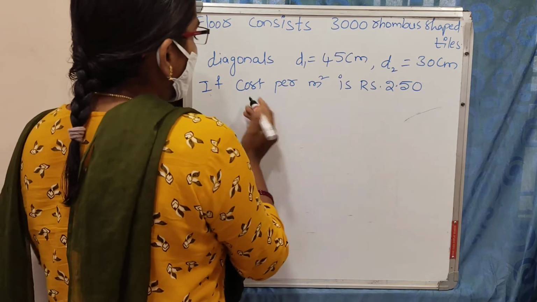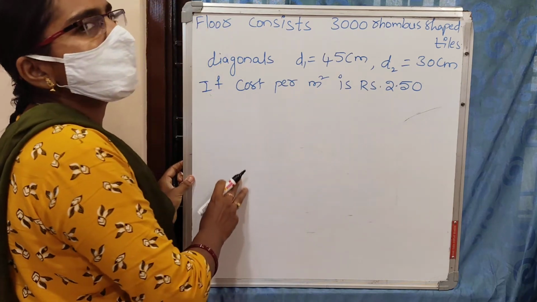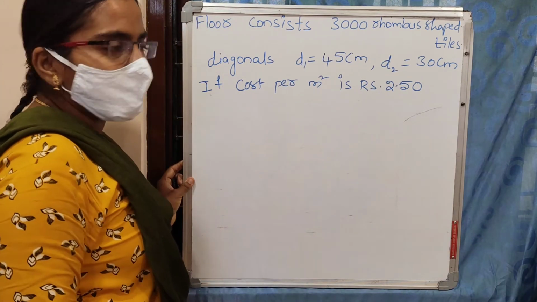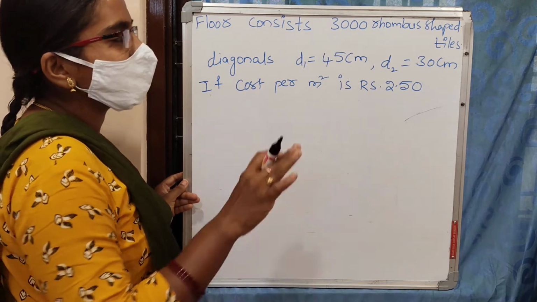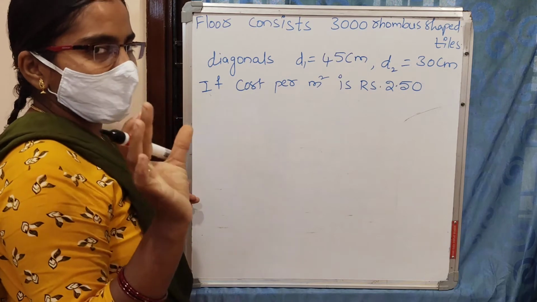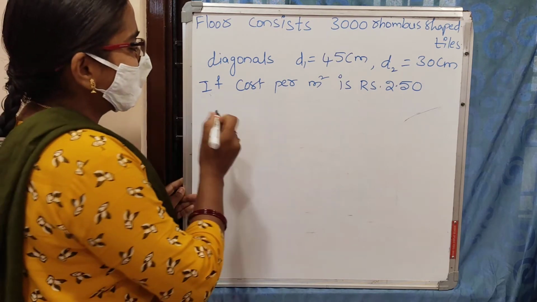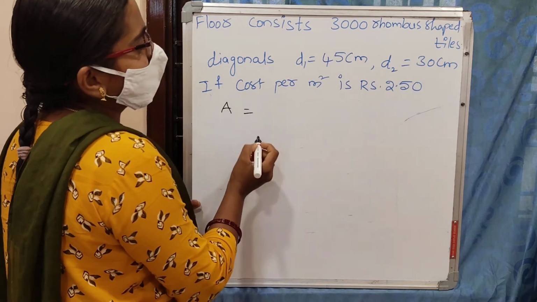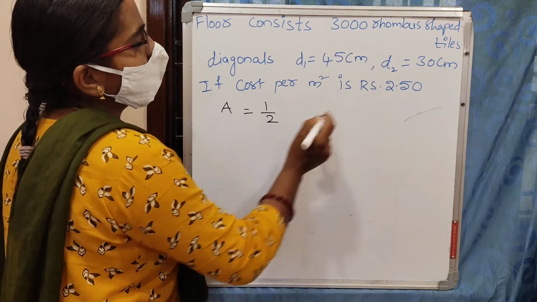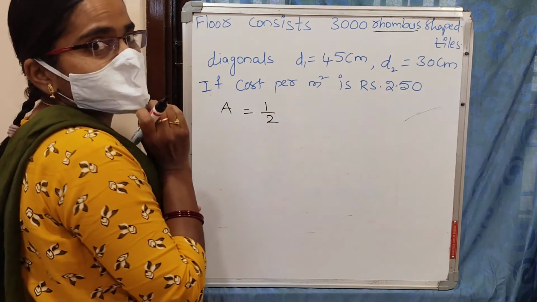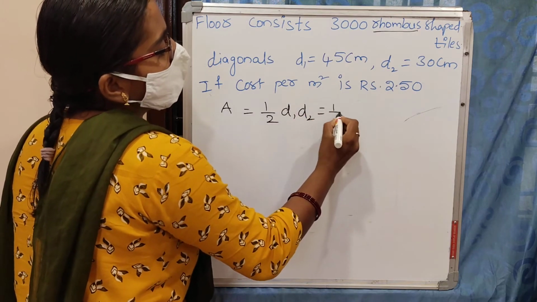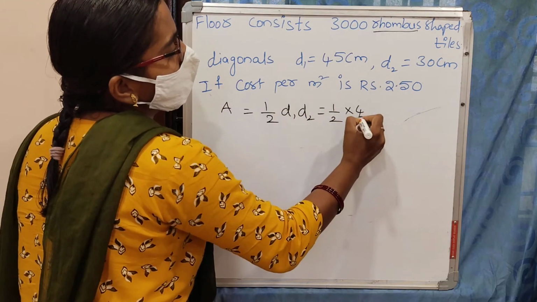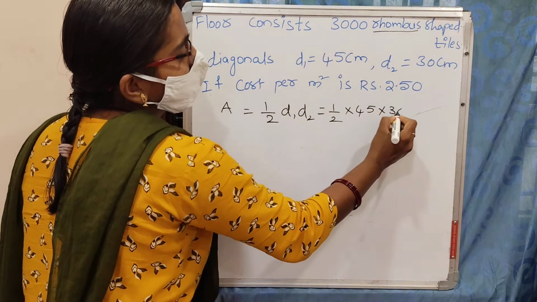Next, first we have to find out the total area of the tiles. To find out the total area of the room, first we have to find out the area of one tile. So area of one tile is equal to, we know those are rhombus shaped. Rhombus formula is half D1 D2. Half, D1 is 45 into D2 is 30.